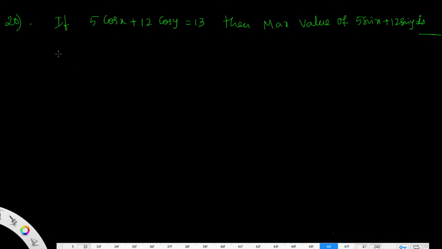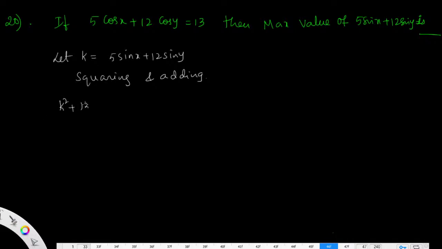So let k equal 5 sin x plus 12 sin y, treating the value asked in the answer. Such questions can use the squaring and adding method. So k square plus 13 square equals (5 cos x plus 12 cos y) whole square plus (5 sin x plus 12 sin y) whole square.